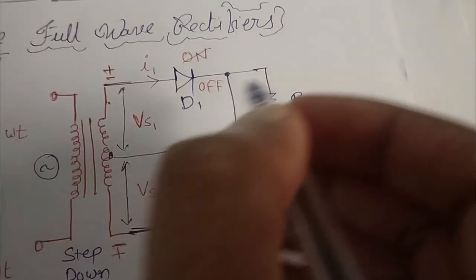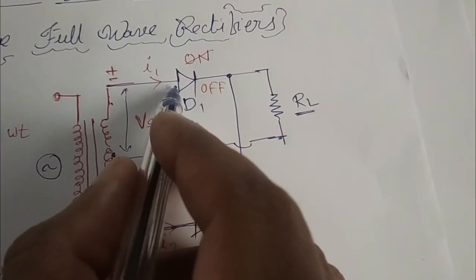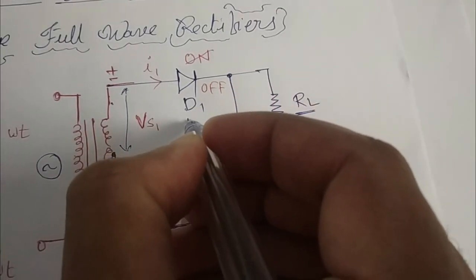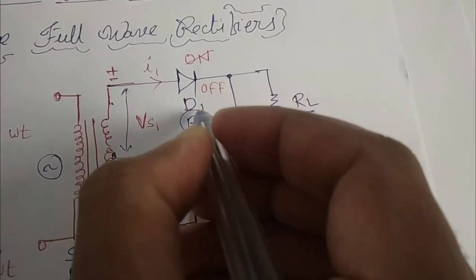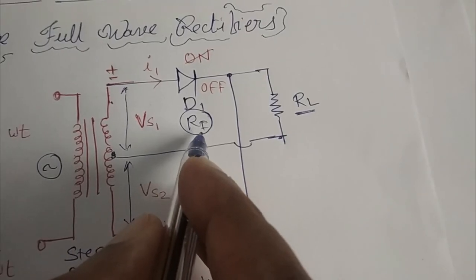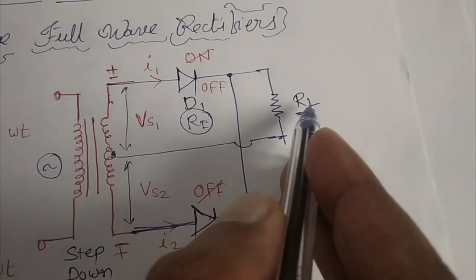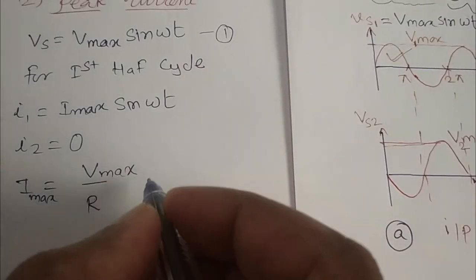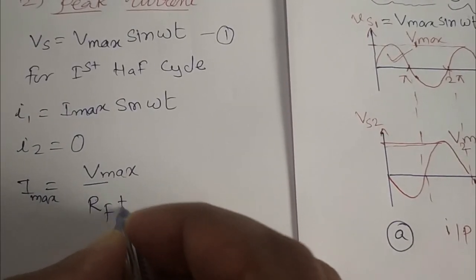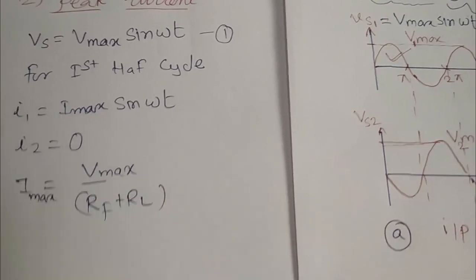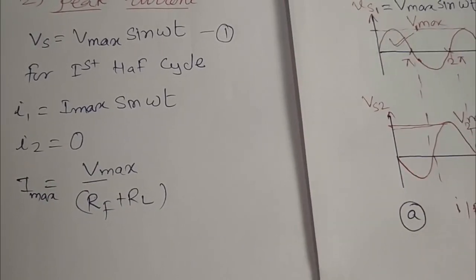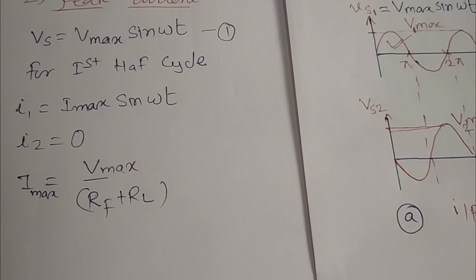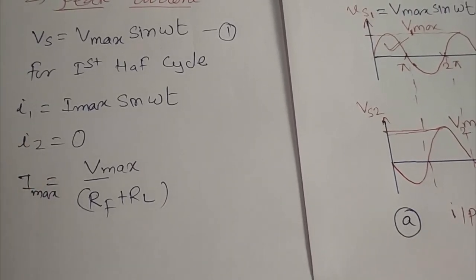In an example, it may be asked to consider the resistance of the diode also. Diode internal resistance is given by RF, that is forward resistance. So we have to take both RF plus RL if both values are given, so it will be RF plus RL, right? So this will be the current expression.